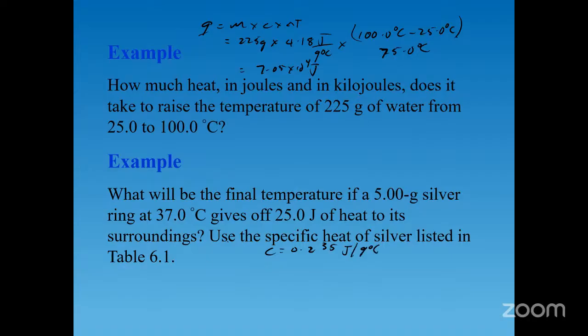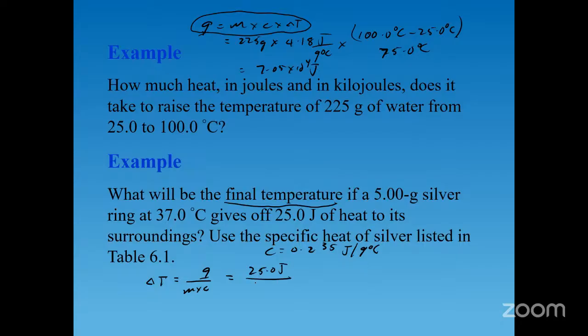Okay, so the question is asking for the final temperature, right? Now, since Q is equal to this right here, what I would do first is try to find out what delta T is. So delta T, based on that equation, would be equal to Q divided by M times C. So Q is 25.0 joules.